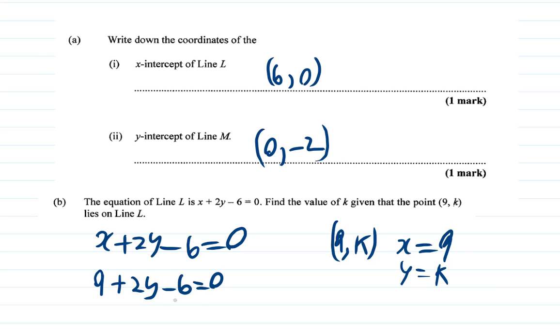Then put like terms together, 2y by itself, numbers together: minus 6 plus 9.